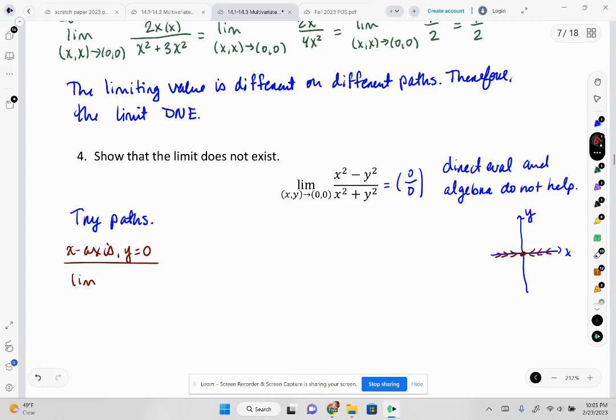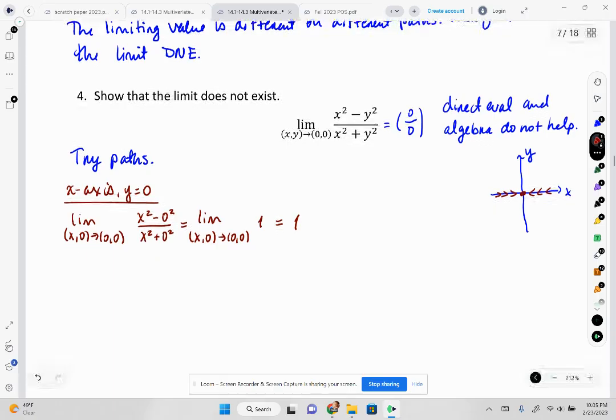And that means I'm looking at the limit as (x, 0) approaches (0, 0). So everywhere there's a y in my function, I need to replace it with 0. When I do that, I get x squared minus 0 squared over x squared plus 0 squared. That is a fraction that simplifies. So I get the limit as (x, 0) approaches (0, 0) of 1. And the limit of a constant is the constant, so my value is 1.